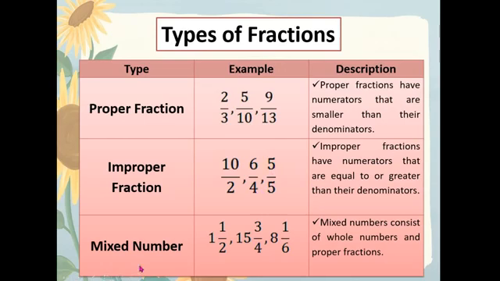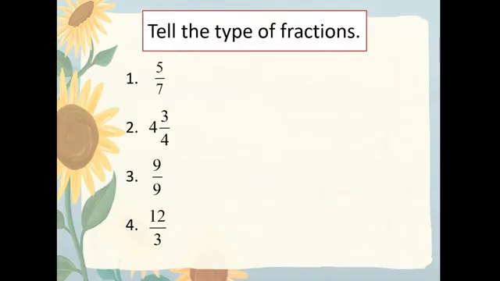Number 3 is mixed number. Mixed numbers consist of whole numbers and proper fractions. So these are examples of mixed numbers like 1 and 1 over 2, 15 and 3 over 4, 8 and 1 over 6. So these are the 3 types of fractions.